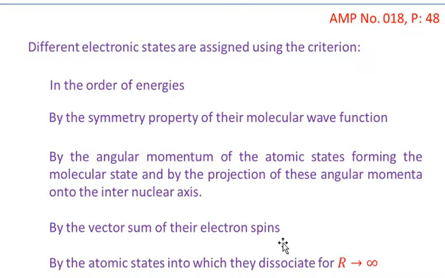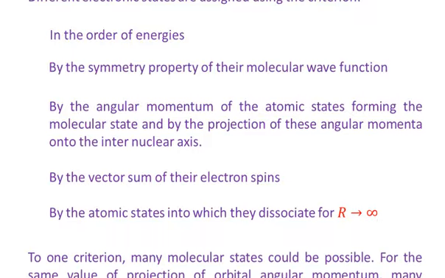On the basis of this, the value of the total spin S will be different for different electronic states, because the electronic states also depend upon the value of the sum of the electron spins, and of course their projections on the nuclear separation or the z axis.